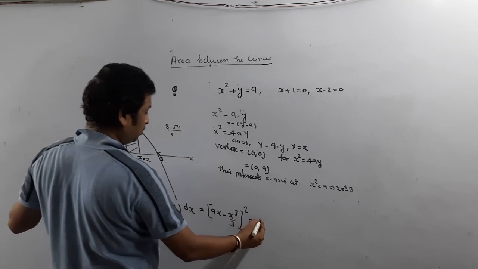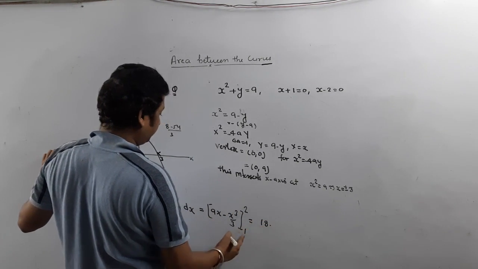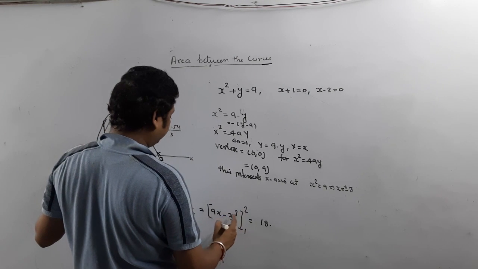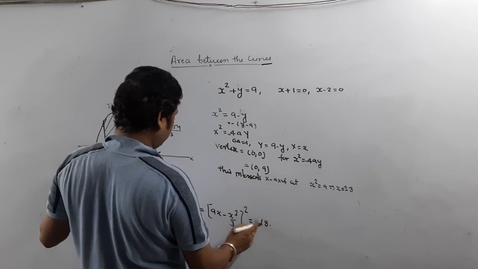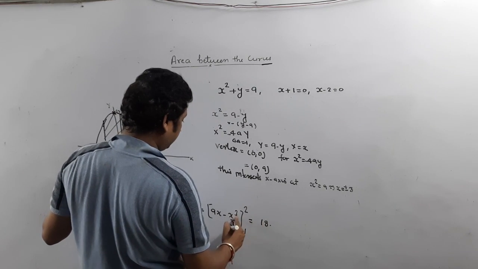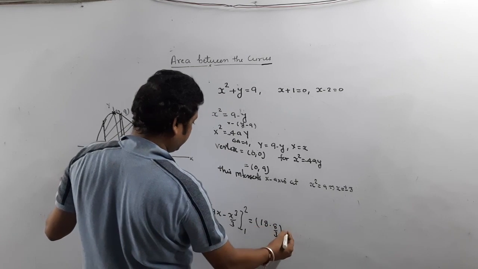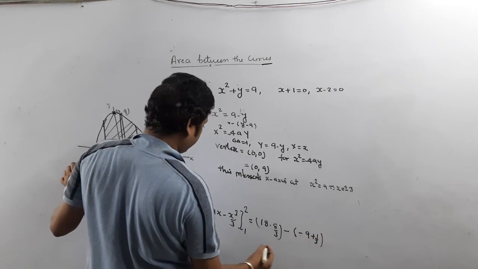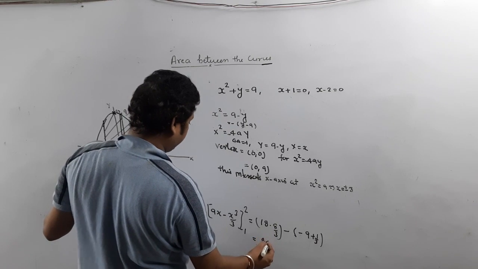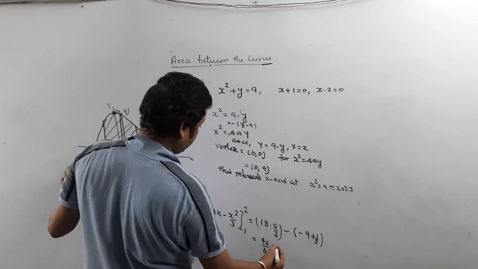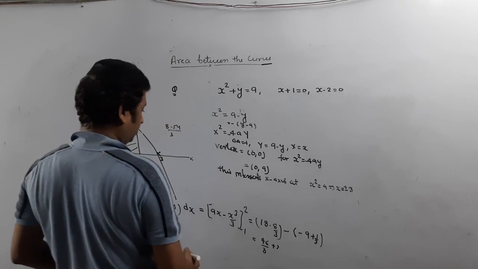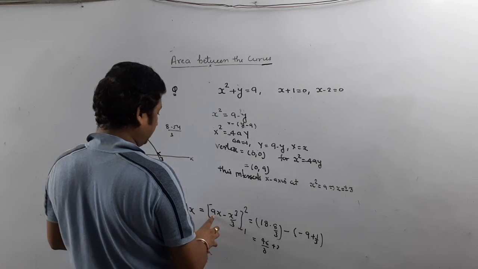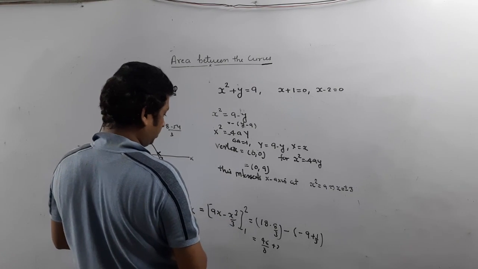So put the values. 18 minus 8 by 3 minus, 9 plus 1 by 3, so 46 by 3 plus, x value minus 1 means minus 9 plus 1 by 3, right?